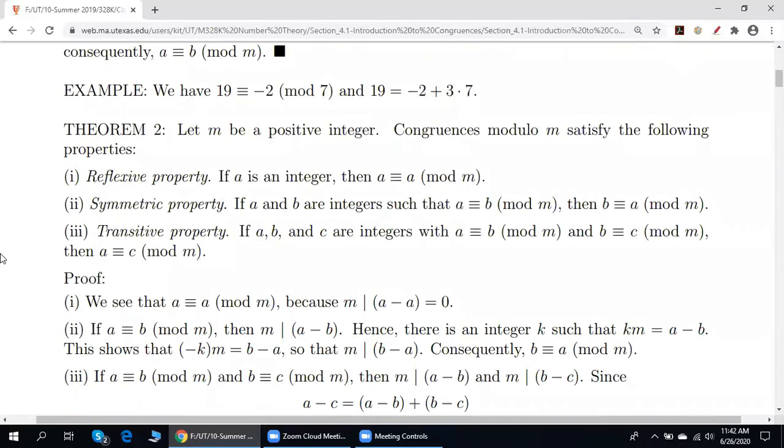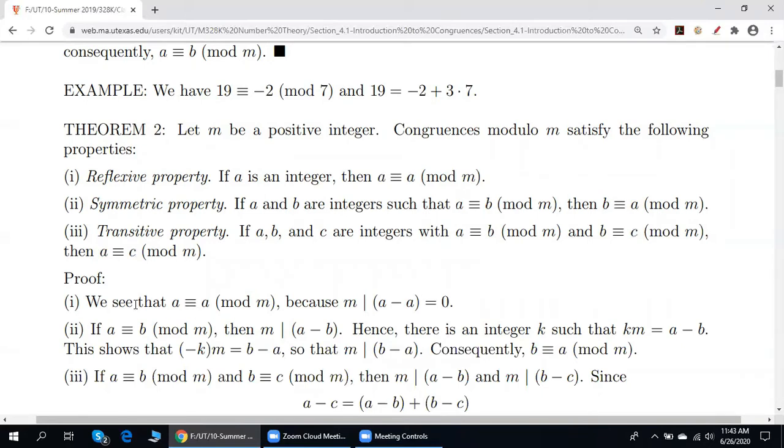Theorem 2. 3 basic properties of congruences. a is congruent to a modulo m. Property number 2. If a is congruent to b, then b is congruent to a. Property number 3. If a is congruent to b and b is congruent to c, then a is congruent to c.